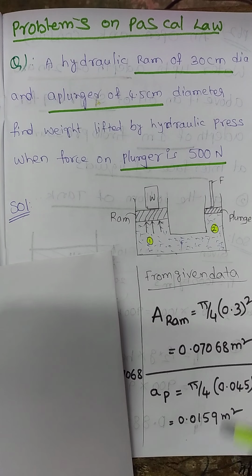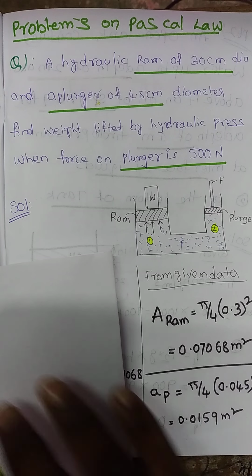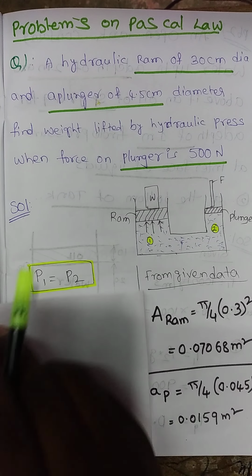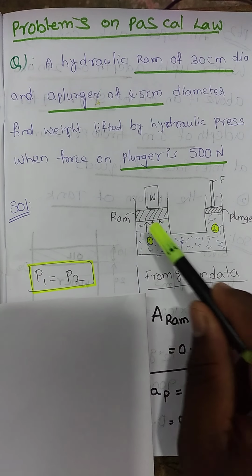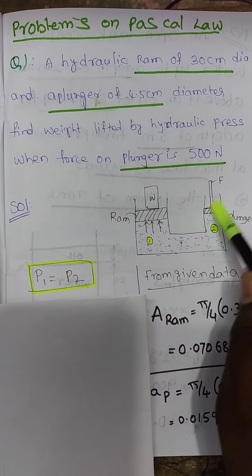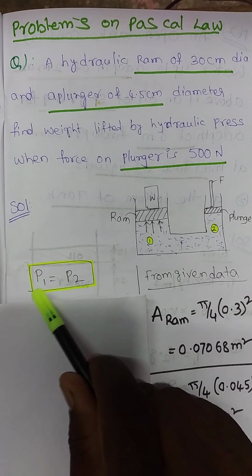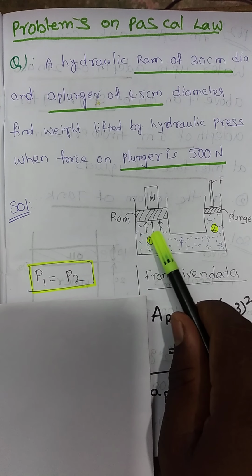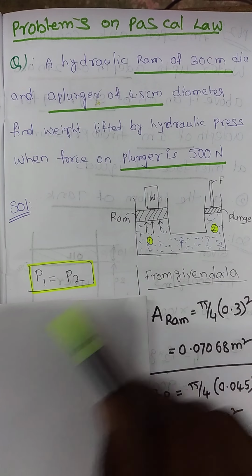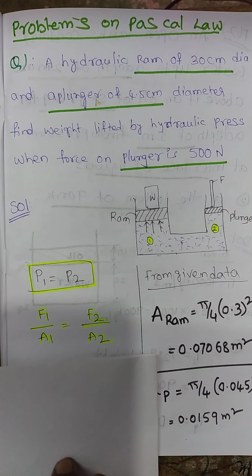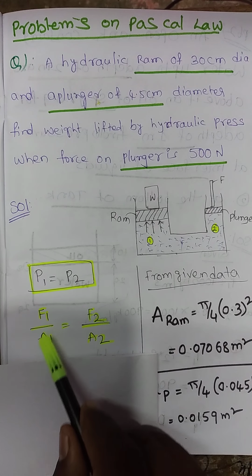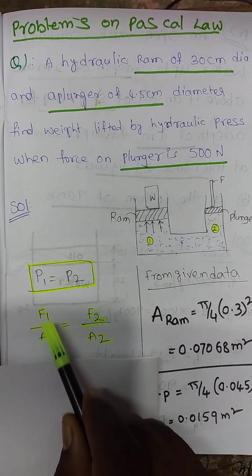So I know the area of the ram and the area of the plunger. So simply you can use pressure at first instant. I am considering this as the first instant and this as the second position, or 1, 2. So pressure at 1 is equal to pressure at 2. So P1 is equal to P2. Pressure is simply written as force per unit area of cross section.